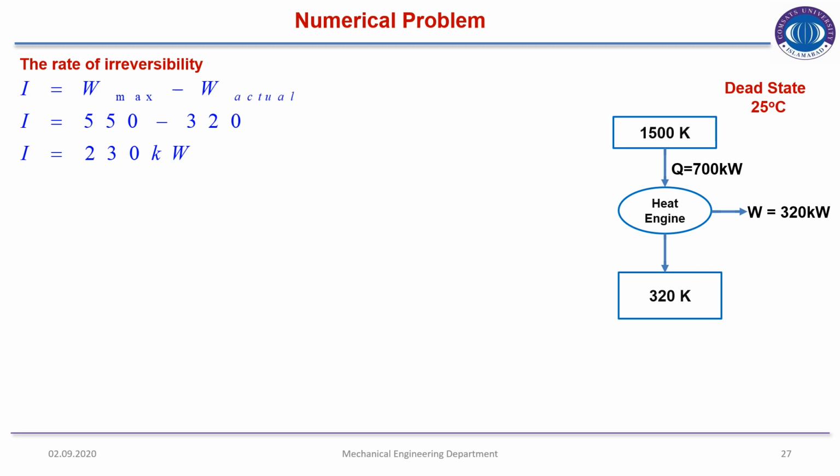If the Carnot heat engine replaced this heat engine, it will produce 550 kilowatt of work and the actual heat engine produces 320 kilowatt of work. So the rate of irreversibility I is equal to 230 kilowatts.